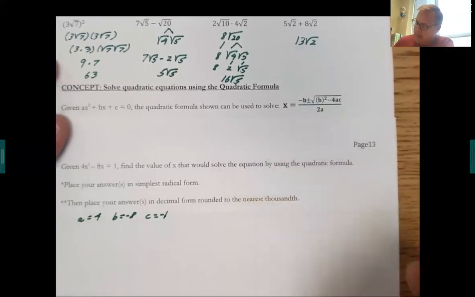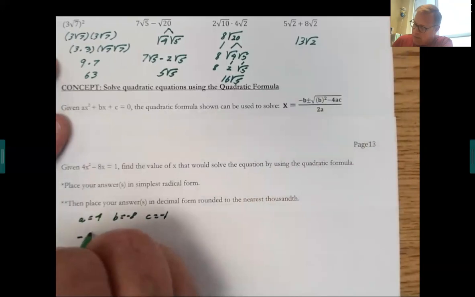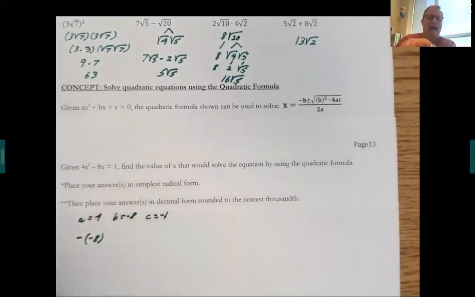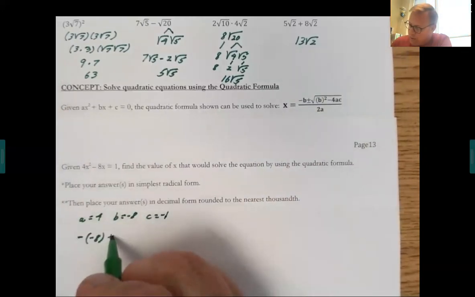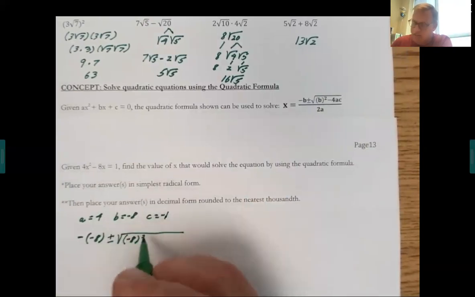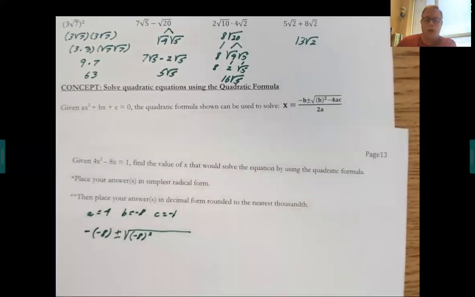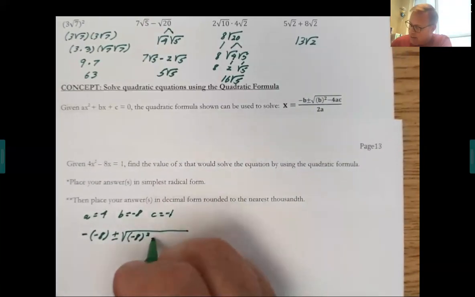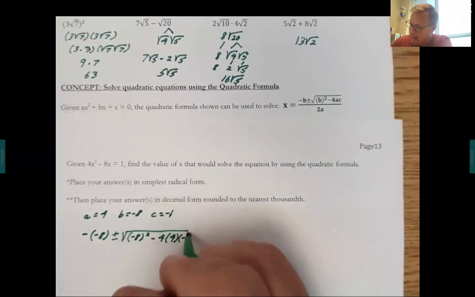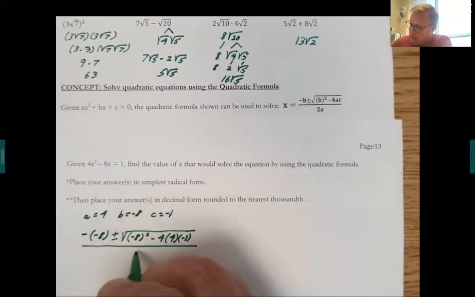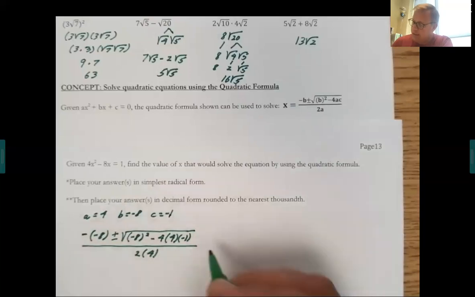So it's -b. That negative means it's the opposite of b, plus or minus the square root of b squared. B is in parentheses. We call it the quantity squared. Minus 4 times a, which is 4, times c, which is -1, all over 2 times a. That's 2 times 4.